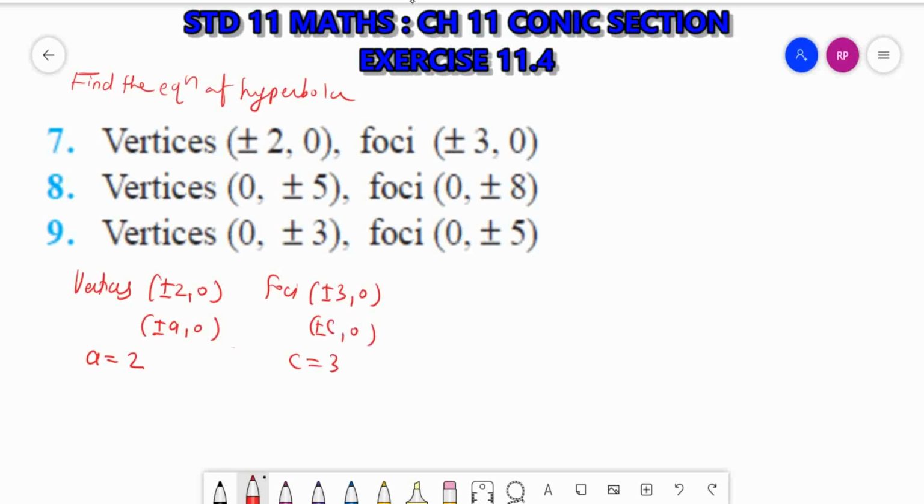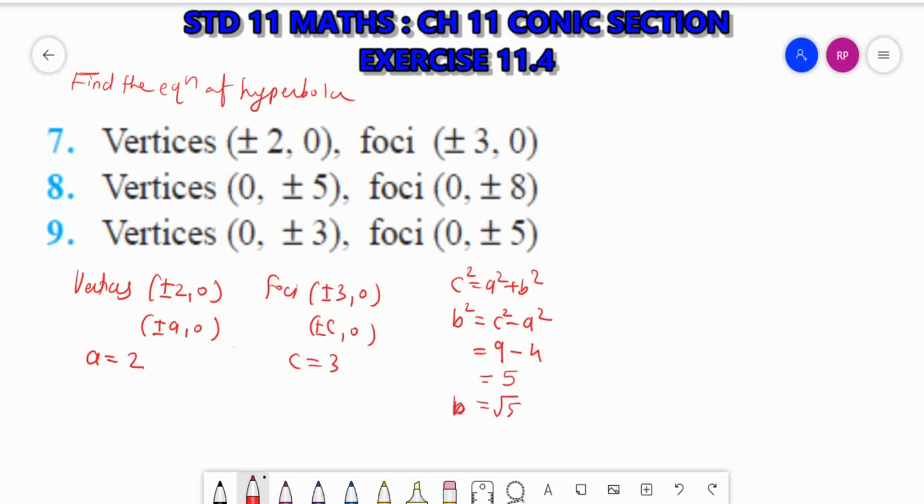Now we know that c square is equal to a square plus b square in hyperbola. So b square will be equal to c square minus a square. So c is 3 square, 9, minus a, that is 2 square, 4. So b square will be equal to 5. So b is equal to root 5.